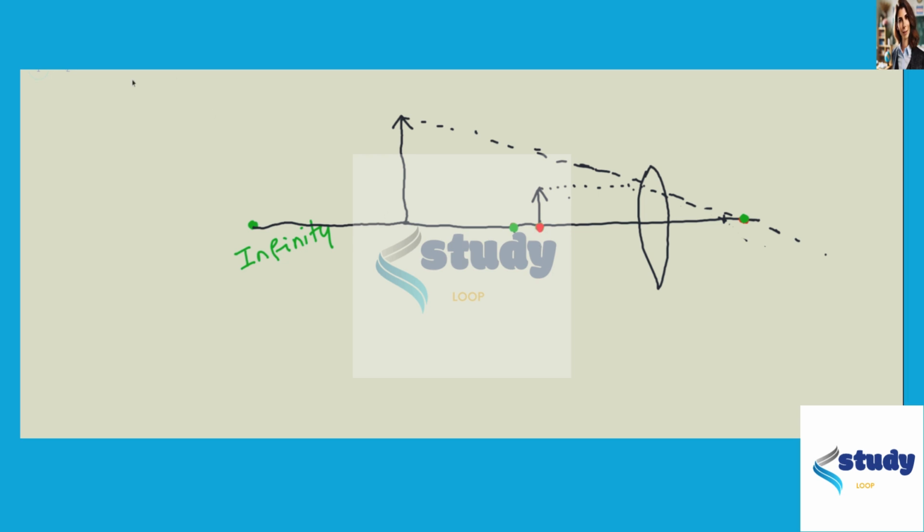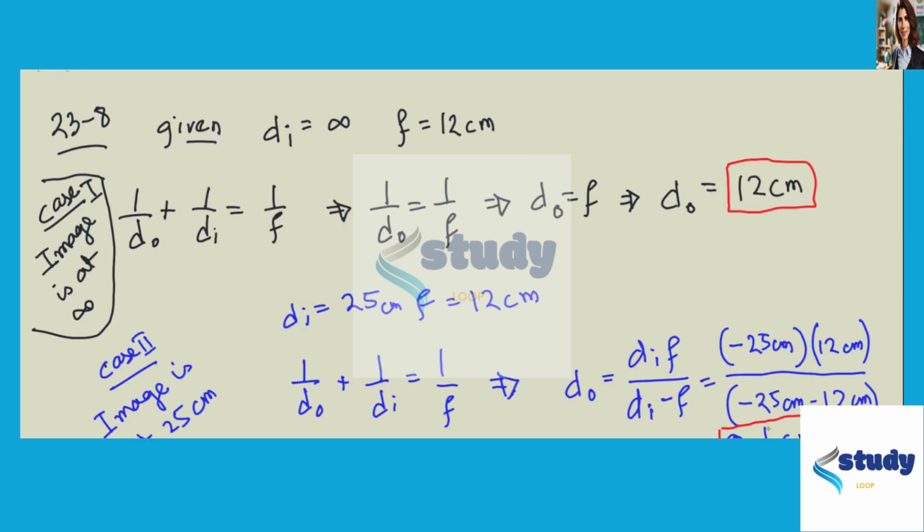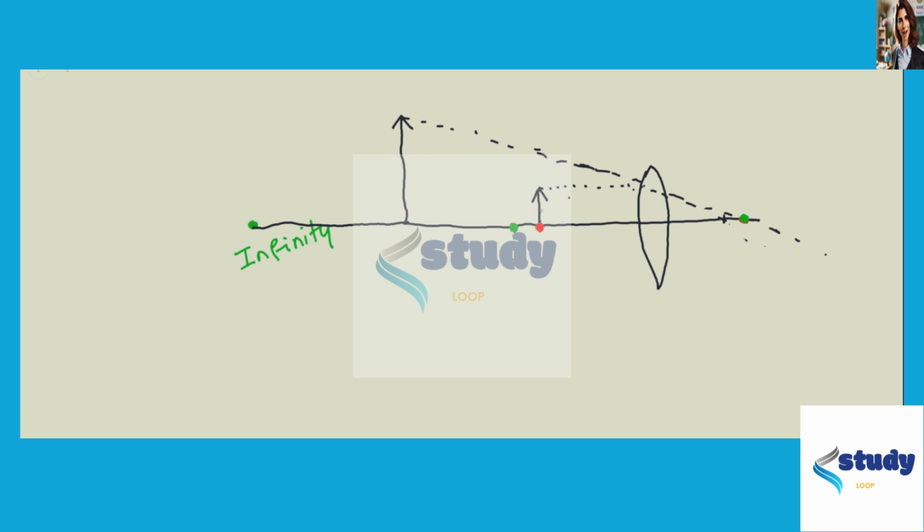In the scenario where the object distance is less than the focal length, this part is 8.1 centimeters, and because of that we get an image distance of 25 centimeters.